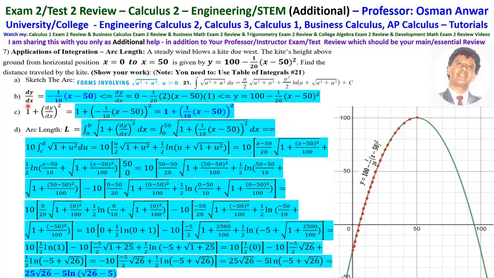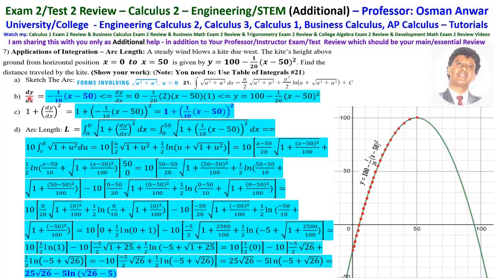First, we need to find dy by dx. So y is 100 minus 1 over 20 (x minus 50) squared. Then dy by dx is the derivative of 100, which is 0, minus 1 over 20 times 2(x minus 50) times the derivative of the inside, which is 1. So this is equal to minus 1 over 10 times (x minus 50).